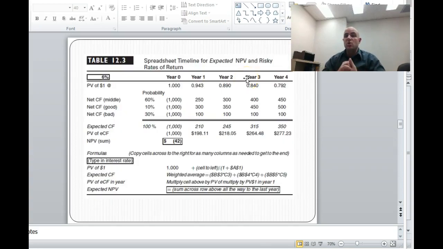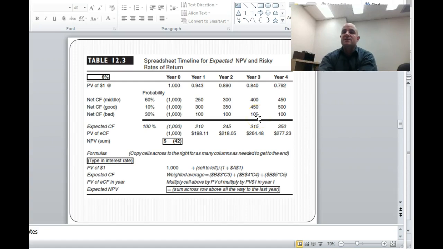In reality, you don't know how much you're going to get from your investment. So you can have expectations. You can have a high, middle, and low, or a lot of different degrees of it. So this middle case, with a 60% chance, is 250, 300, 400, 450.